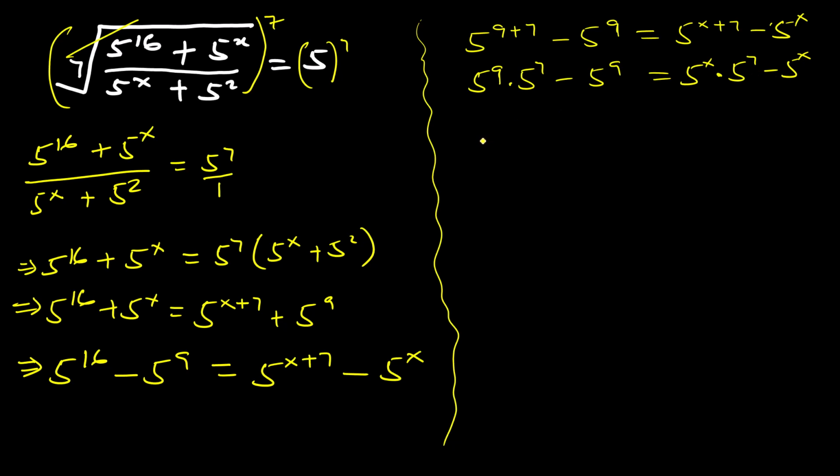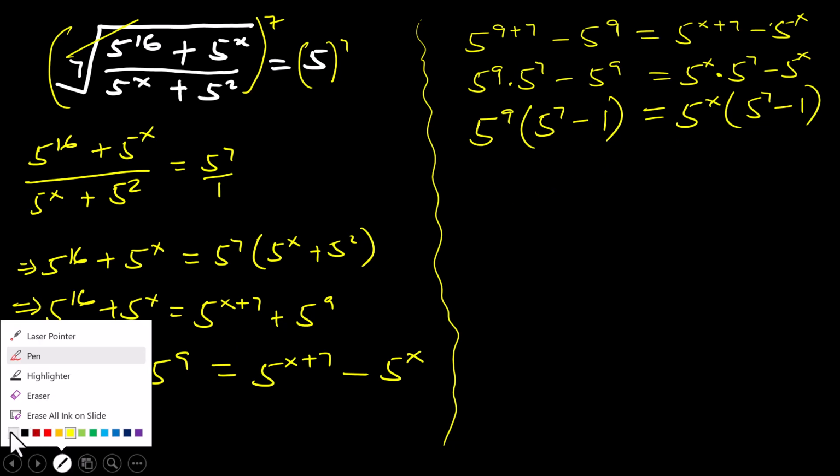Let's look at it very carefully. On the left-hand side, 5 exponent 9 is common, so we can factorize and take it out. We have 5 raised to 9 bracket 5 to the power 7 minus 1 equals, and we can do the same to the right-hand side, 5 raised to x, 5 raised to 7 minus 1. There is something in common here.